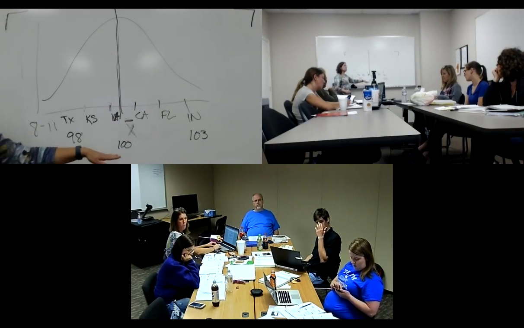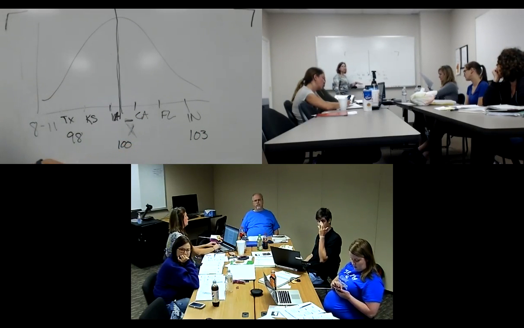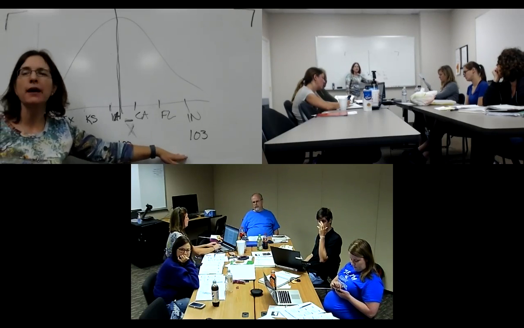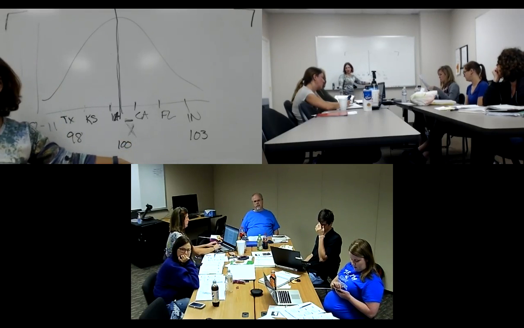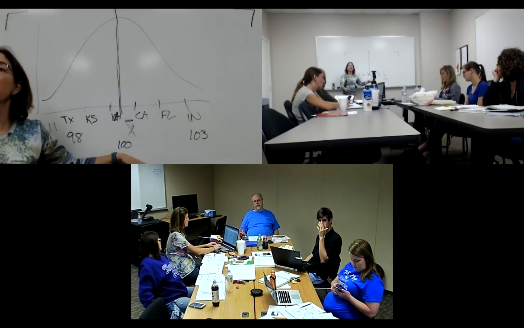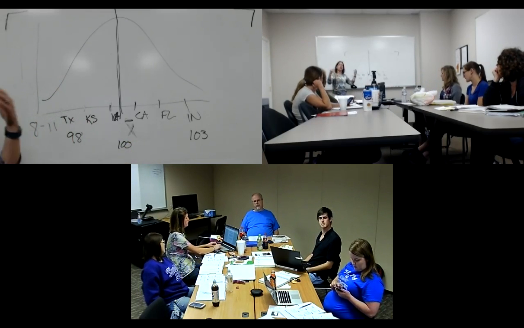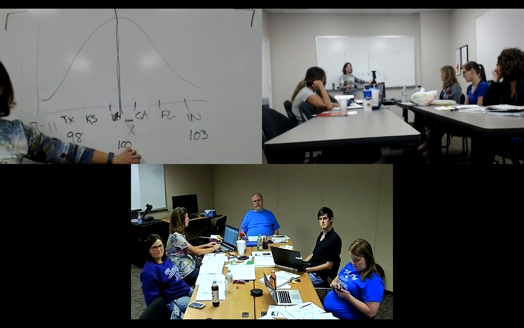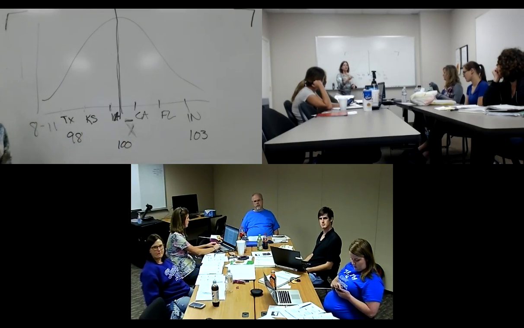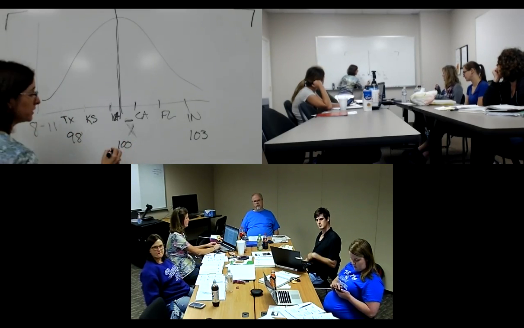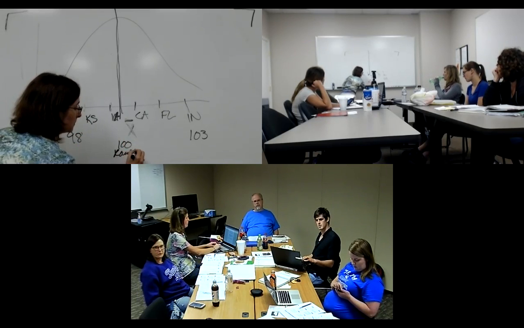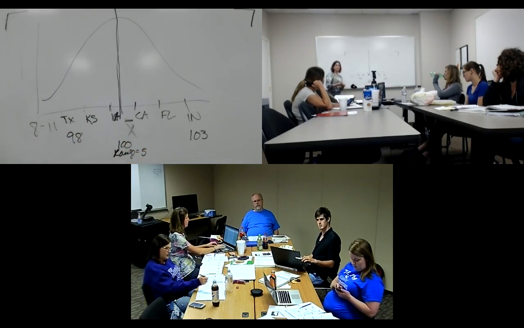But this could be depression scores, it could be anxiety scores, it could be anything. And if it was one of those other scores, there may be a greater range in it. But yes, for IQ, we would like to think that it's right around 100. So in this case, our range is only 5, because it's 103 minus 98.